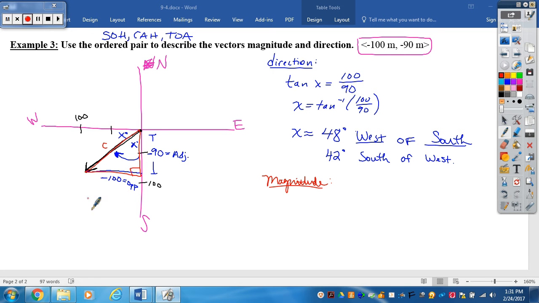We know two of the three sides, so I'm just going to use my Pythagorean theorem to figure out the magnitude. So we have 90 squared plus 100 squared would equal the hypotenuse squared. Okay? And if you work that out, solving for the hypotenuse length there, let's see here, 100 squared is 10,000, 90 squared is 8,100.